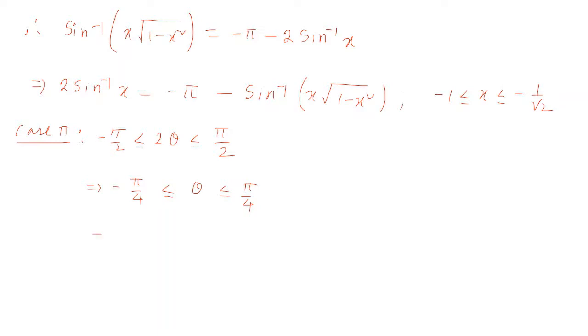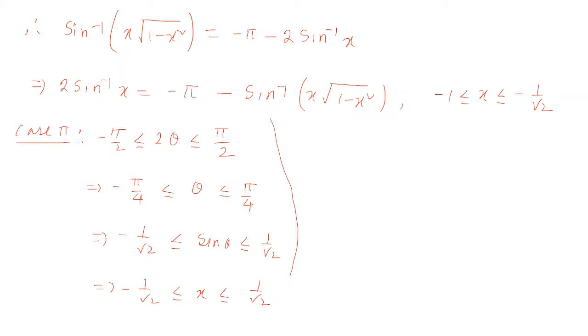So take sine on all of them. It is minus 1 upon root 2 less than or equal to sine theta less than or equal to 1 upon root 2. And this is actually minus 1 by root 2 less than or equal to x less than or equal to 1 by root 2. So this is the condition on x.